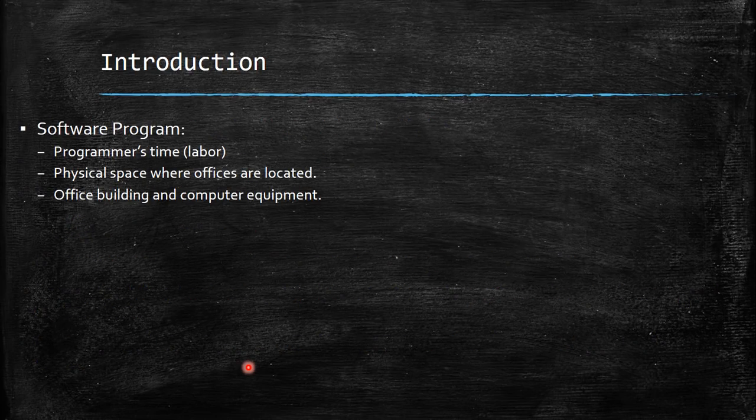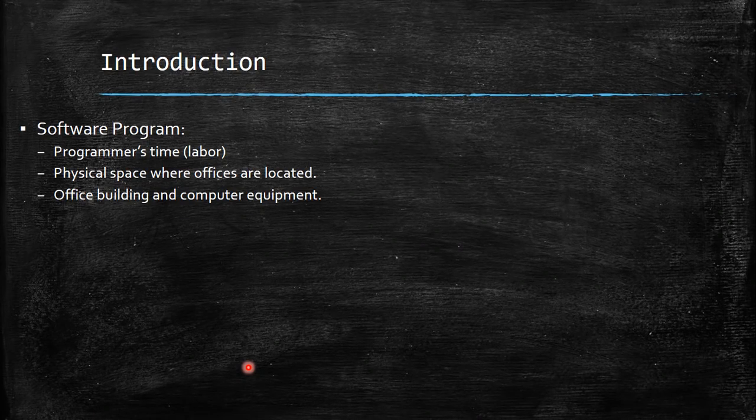For example, with a software program, we can consider the programmer's time as labor, the time spent in order to produce something. Then we have the physical space, which we consider land, where offices are located. And we consider the office building and computer equipment as capital.